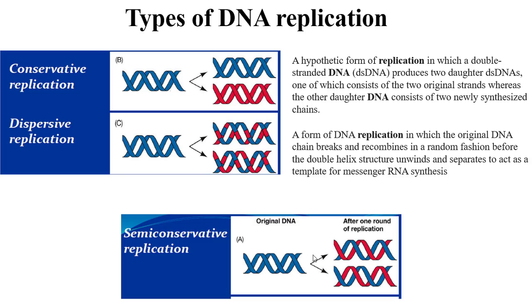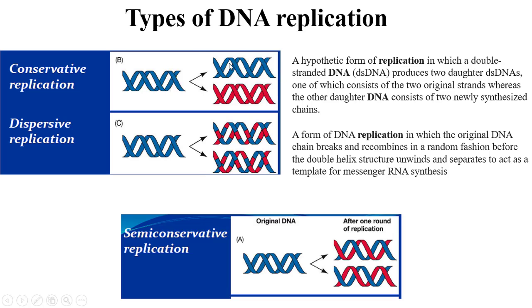So, types of DNA replication. Generally, there are three different types: conservative replication, dispersive replication, and semi-conservative replication. Conservative replication is a hypothetical form of replication in which the double-stranded DNA produces two double-stranded DNAs.